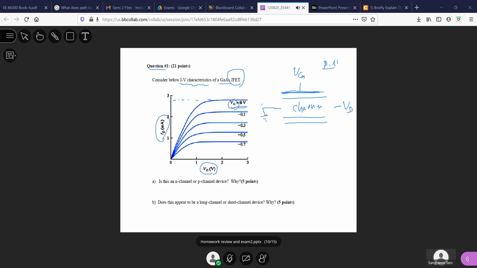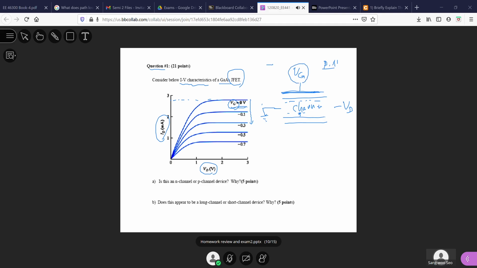Now, as you can see, as we apply a more negative voltage, the current is decreasing, which means the depletion here has increased.